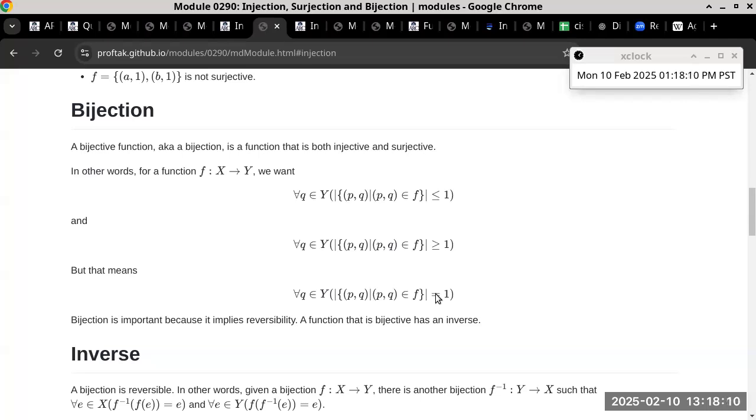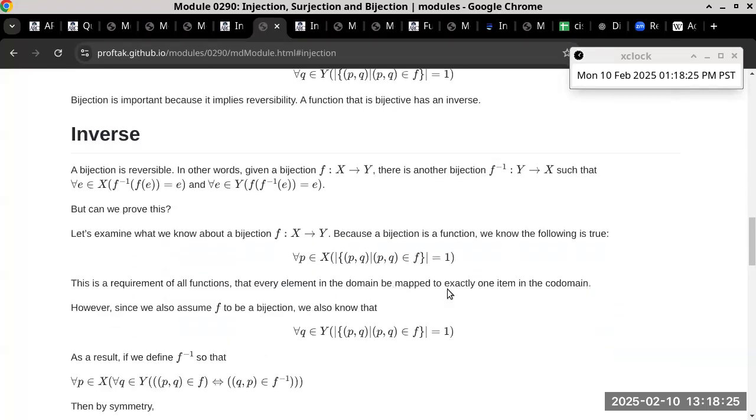I'm using the term symmetric in a very loose way here, because it's just whether we are talking about the first member or the second member of the two-tuple.